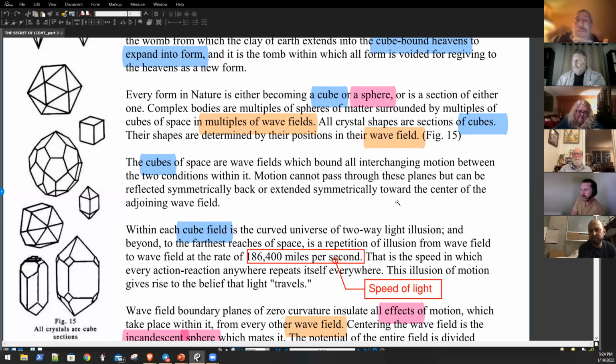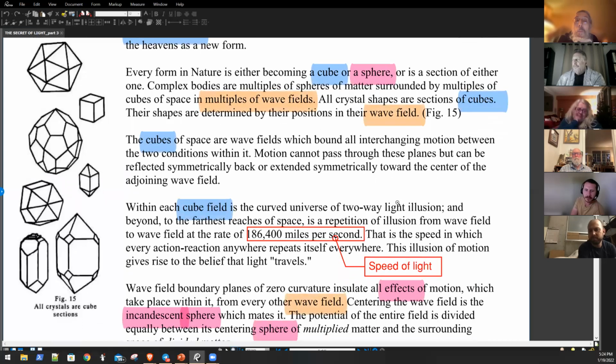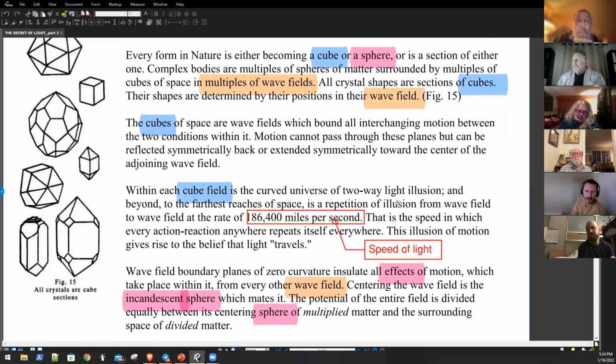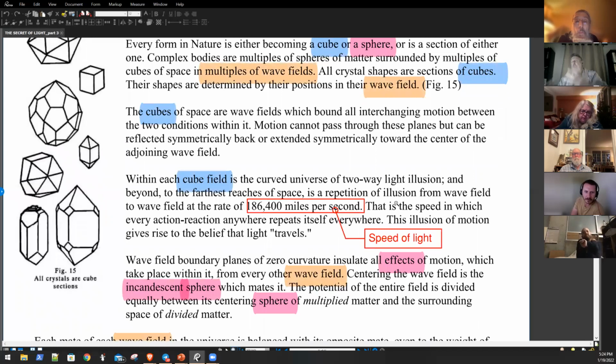And so, as we talk about the cubes and the spaces, we talked about how we reached this point in the cube where it cannot penetrate, can only be mirrored back, and begins to create this sphere that we talked about. So within each cube field is the curved universe.